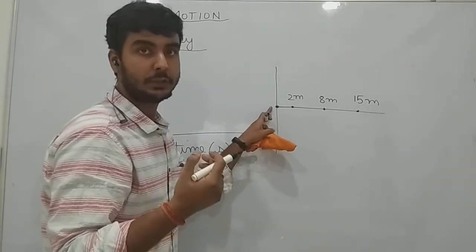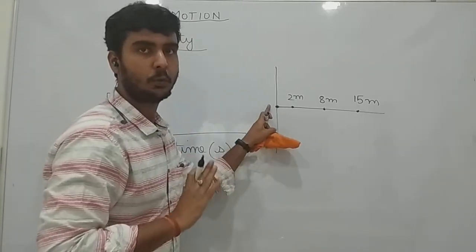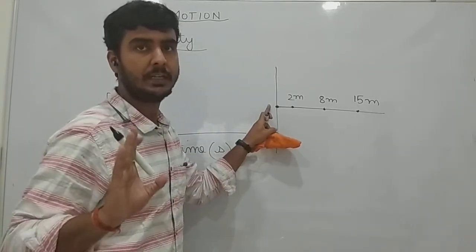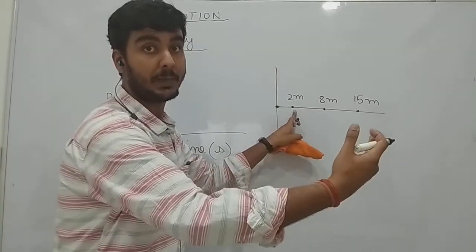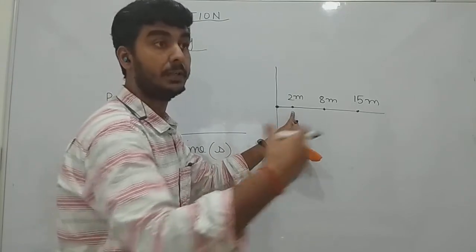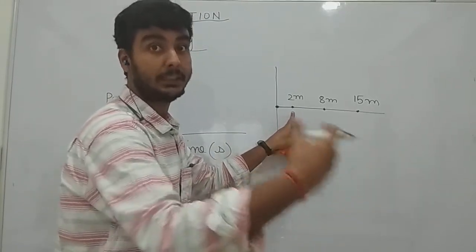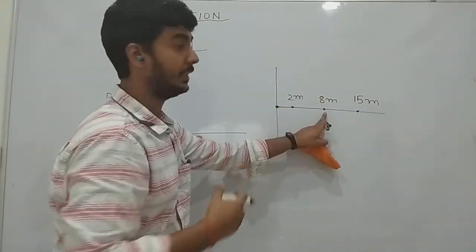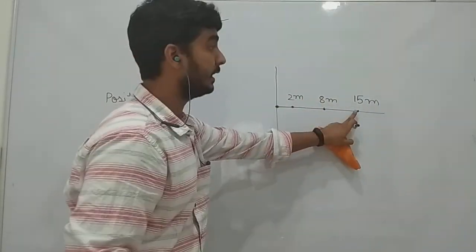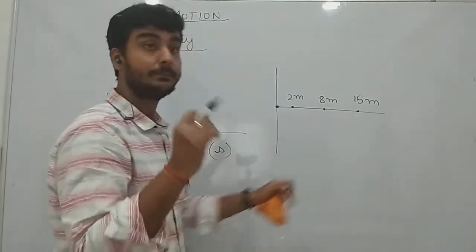Position means, from the starting point, what is the location of the body or object. When I started the stopwatch, it was at 0. I assume that it is at the 0 position. After 1 second, it is 2 meters apart from that starting point. After one more second, at t equal to 2 seconds, it is at 8 meters from the starting point. At t equal to 3 seconds, it is 15 meters from the starting point.